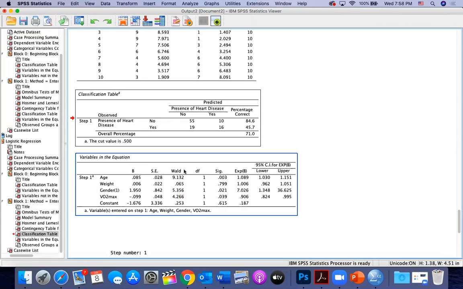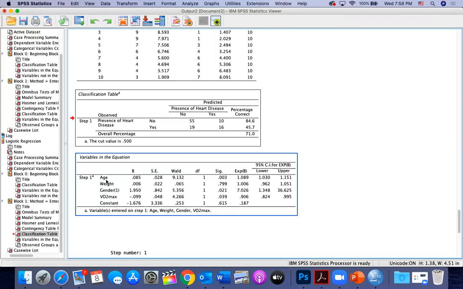This test follows a chi-square distribution with degrees of freedom of 1. So you will always see 1 as the degrees of freedom. And the significance column basically tells us whether this independent variable is a significant predictor of the dependent variable or not.